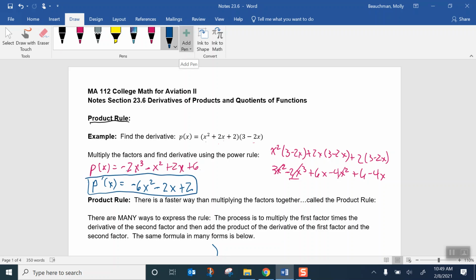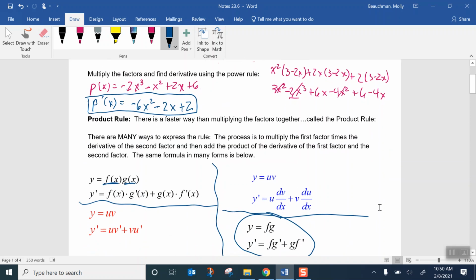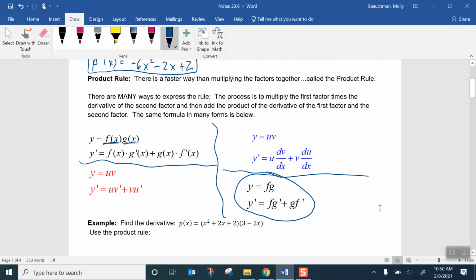But we won't always be able to multiply the two functions out to create a polynomial, and sometimes it's just too much work. So the product rule, there are many ways to express the product rule. If we take y is equal to f of x times g of x, if the function is given in this form, two items multiplied together, then the derivative is f of x times the derivative of g of x plus g of x times the derivative of f of x.